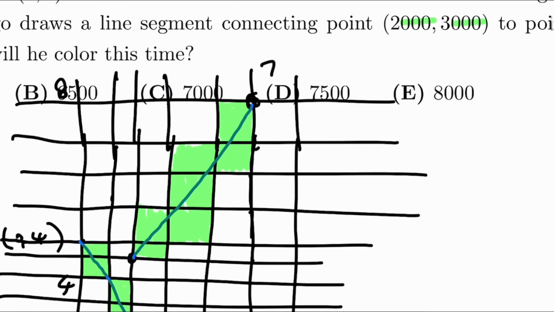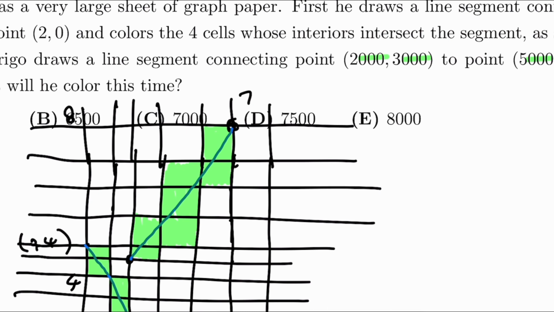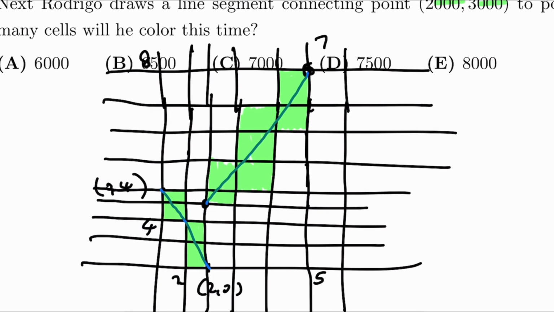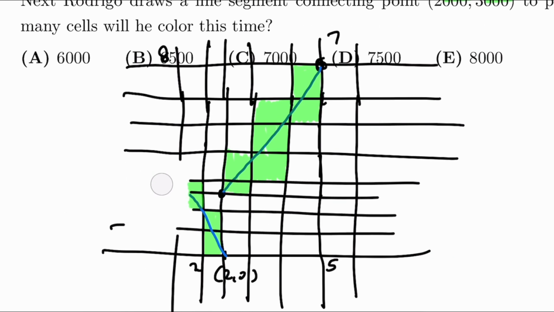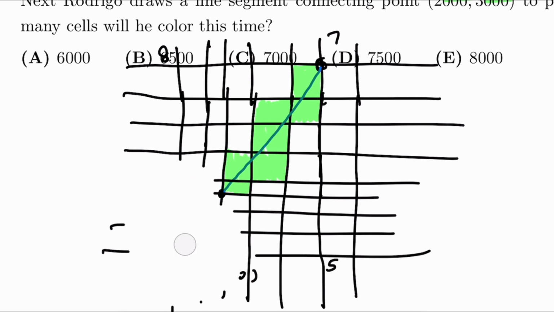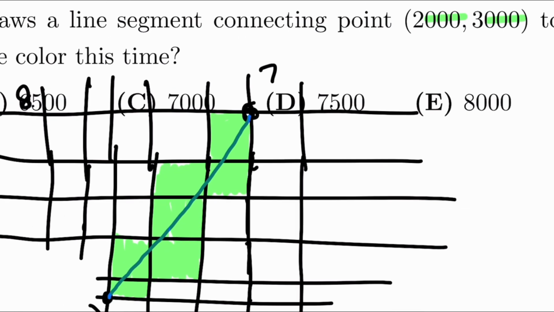cells, you repeat. Let me just erase this part so I have some space to write. Let's just say this is 2,000, 3,000. Then over here, we would be at 2003.